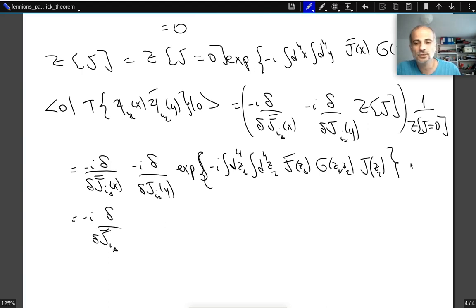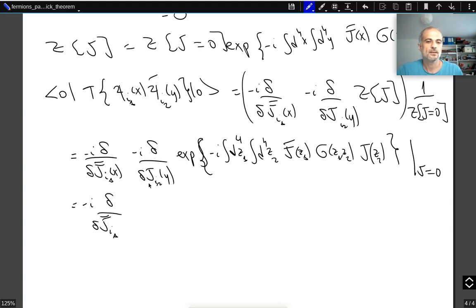And okay, I forgot to write before, when we evaluate this, we have to put j equal to 0. So this derivative will bring down one of the factors of this. So j of y, I will take the derivative with respect to this one. And let me just show it, minus I, this minus I over here, and then I have another minus I.